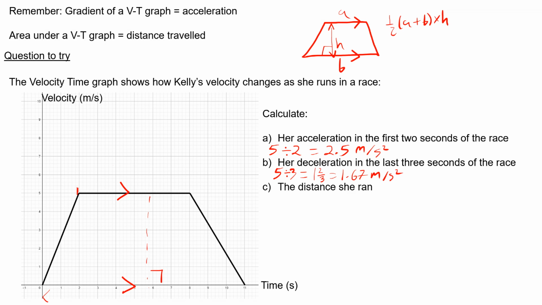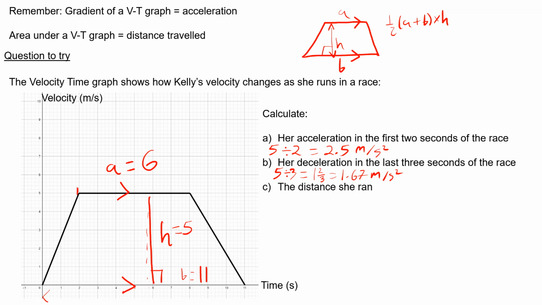So here, if I just label the trapezium, we have A, so this is the top parallel side, going from 2 to 8, so that's going to be 6. B is going to be 0 to 11, so that's just going to be 11, and H is 0 to 5, which is 5.